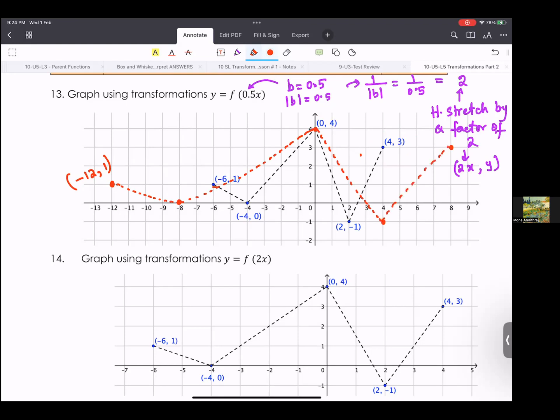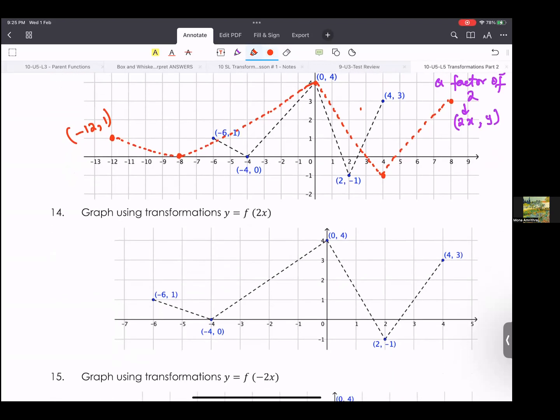As you can see, if I put this graph on an elastic sheet and pull the elastic sheet horizontally, this is what would have happened. Just going to make this look less curved. It's not a curve, it's more a straight line. There we go. So that is a horizontal stretch by a factor of 2.